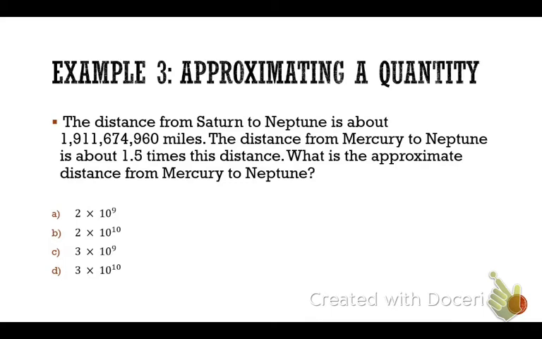Okay, it's not trillion. All right, the distance from Mercury to Neptune is about 1.5 times this distance. What is the approximate distance from Mercury to Neptune? Okay, so here we go. The first thing we're going to do is round to the leading digit. We're not going to worry about all those digits. Clearly it messed me up because I thought it was trillion and it was billion.